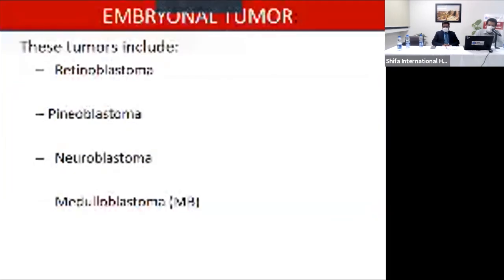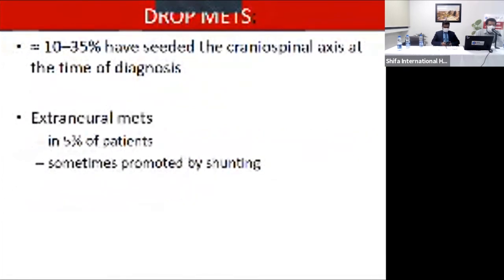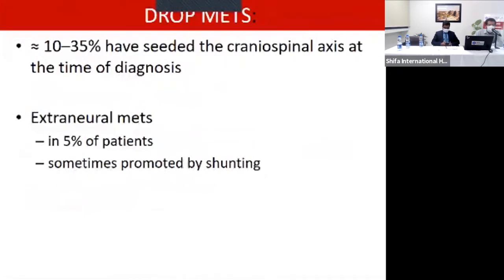Coming to the embryonal tumors, retinoblastoma, pineoblastoma, neuroblastoma, and medulloblastoma are the various forms. Coming to medulloblastoma, in children, these constitute 15 to 20% of the intracranial tumors and 30 to 55% of the posterior fossa tumors. These are the most common pediatric malignant brain tumors, with a male to female ratio of 2 to 1. 10 to 35% have seeded the craniospinal axis at the time of diagnosis, and extraneural mets are present in 5% of the patients.